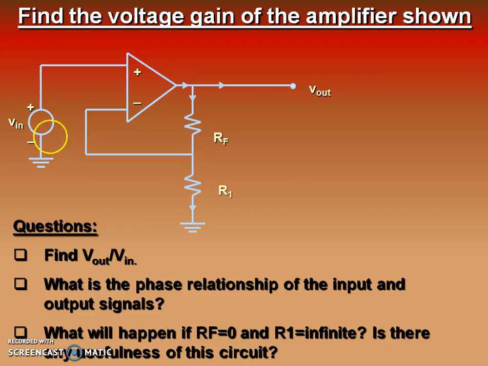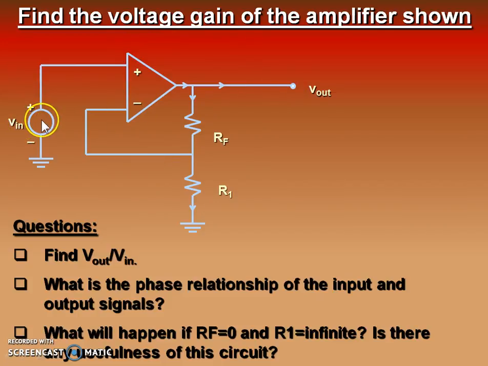Now this is another circuit where we are giving input to the non-inverting terminal and taking the output signal, feeding back part of the output signal, and giving it to the inverting terminal. So your task is to find out the gain, output divided by input.